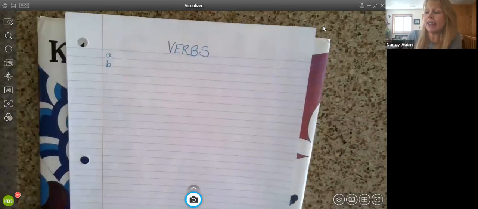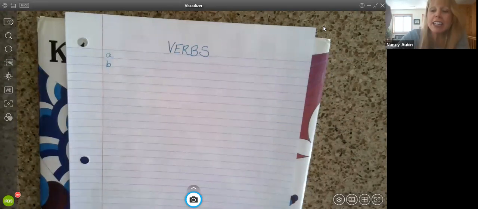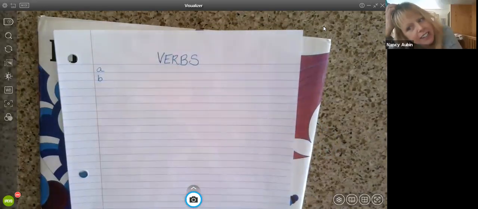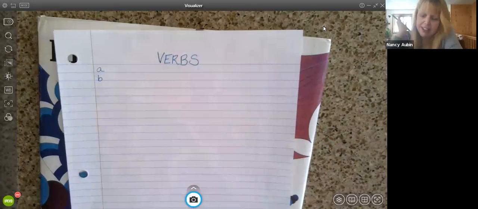We're going to see if we can come up with a verb for every letter of the alphabet. Okay, Logan, get your paper and pencil. If you want to use your EL spiral, if you are a remote learner, you have that. At the top of your clean sheet of paper, write verbs, V-E-R-B-S, verbs.